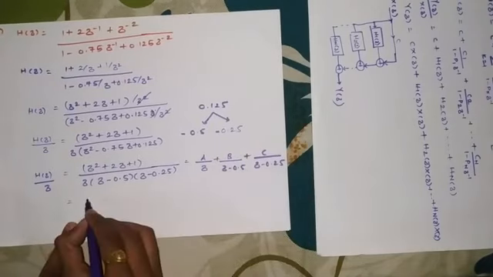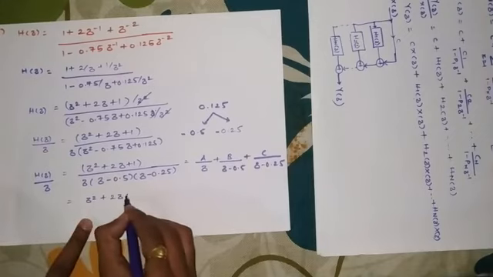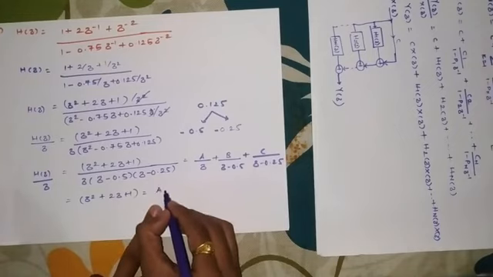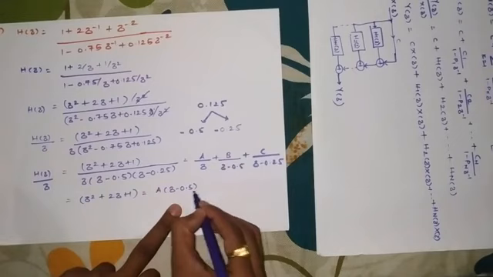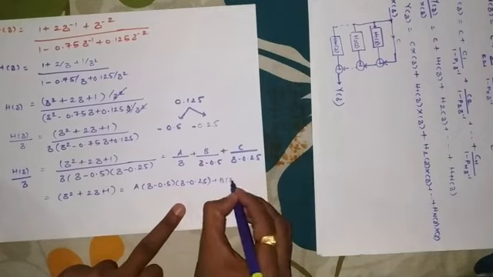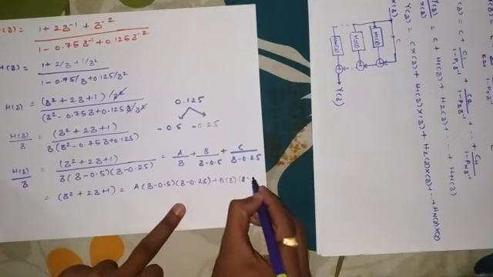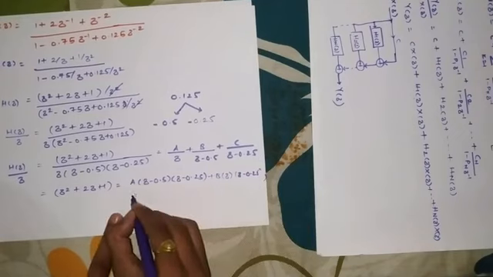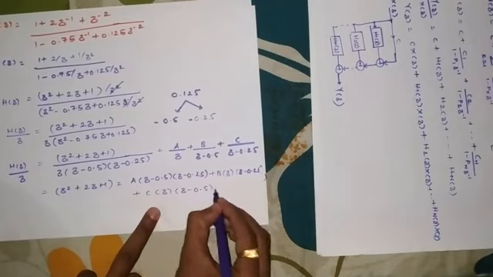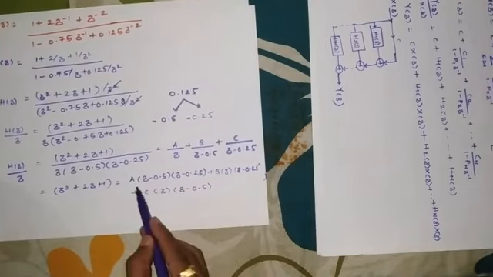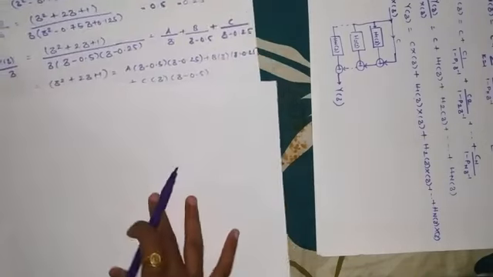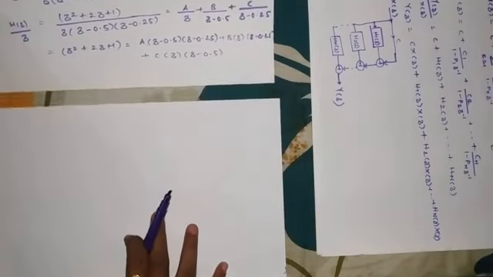I can write directly these terms as z square plus 2z plus 1 is equal to, just taking the terms as LCM, A into (z minus 0.5)(z minus 0.25) plus B into z into (z minus 0.25) plus C into z into (z minus 0.5). Now we'll try to find the coefficients A, B and C. So to find those, we'll try to solve this by finding A, B and C.